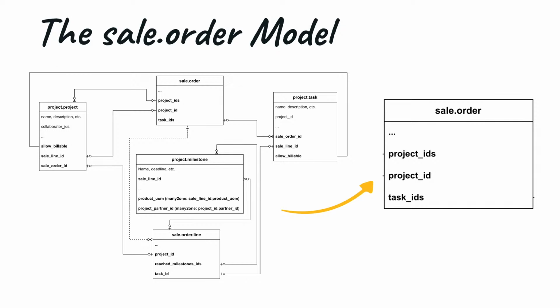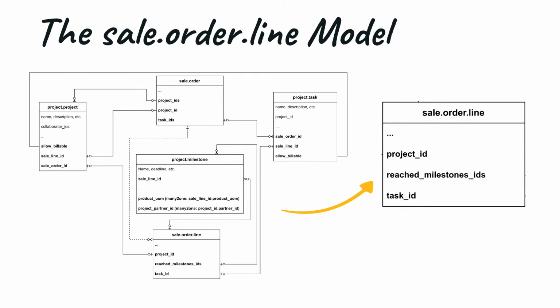So that is why we have this distinction between project IDs and project ID. Then the sale order line has pretty much the same fields. It has a relational field pointing to the project record that it relates to, a relational field that points to the task record that it relates to, and also the reached milestone IDs, which is basically the related milestone, project.milestone, for the sale order line.